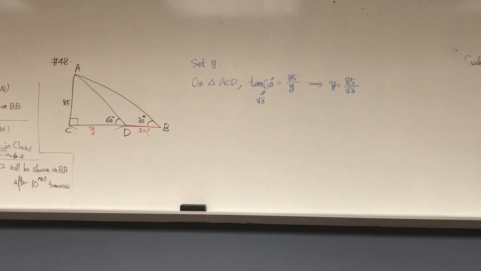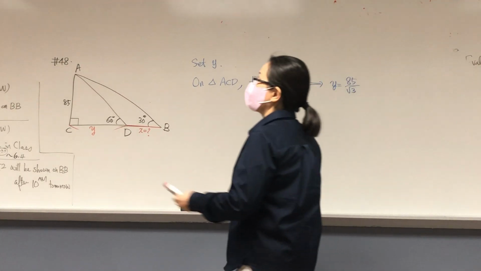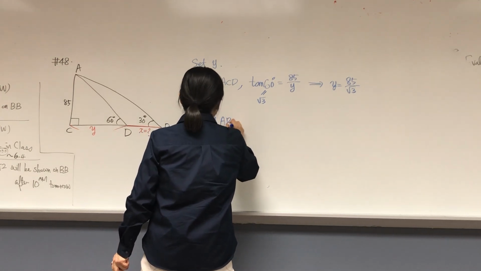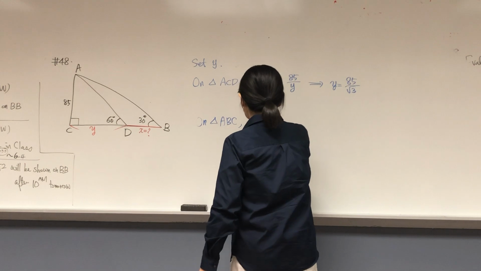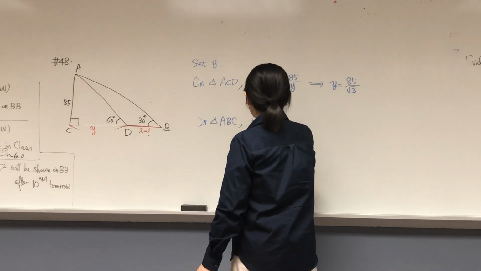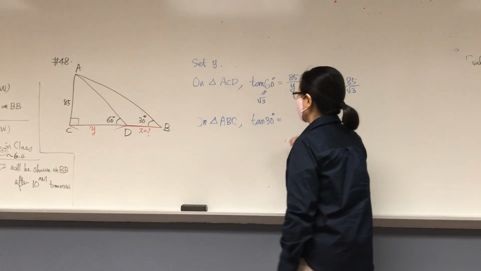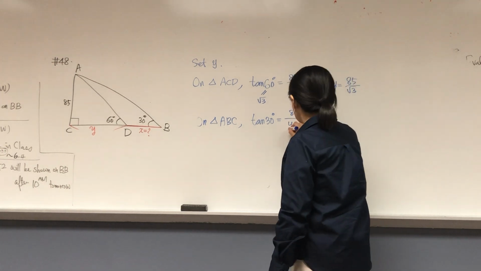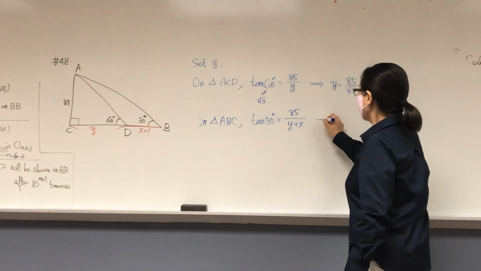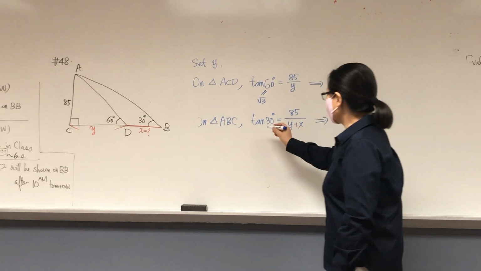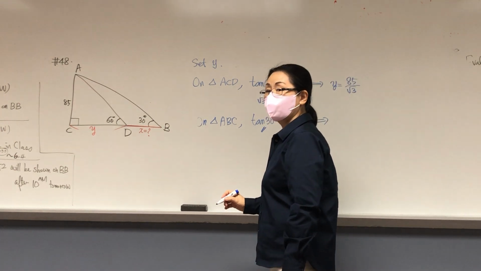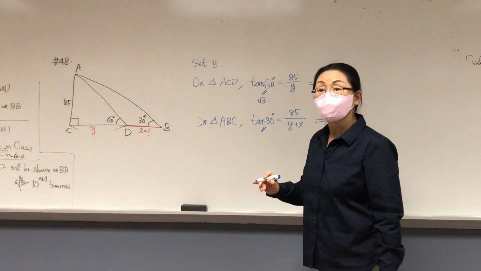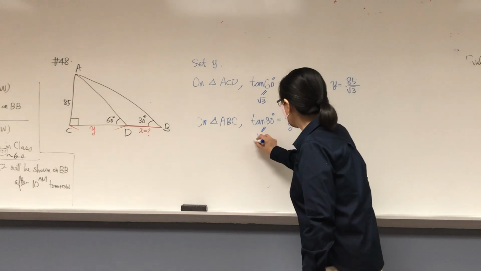And then I would do tangent again, but from C to D, on the triangle ABC, right? Tangent 30 equals 85 over y plus x. Very good. And what is tangent 30? 1 over square root of 3.